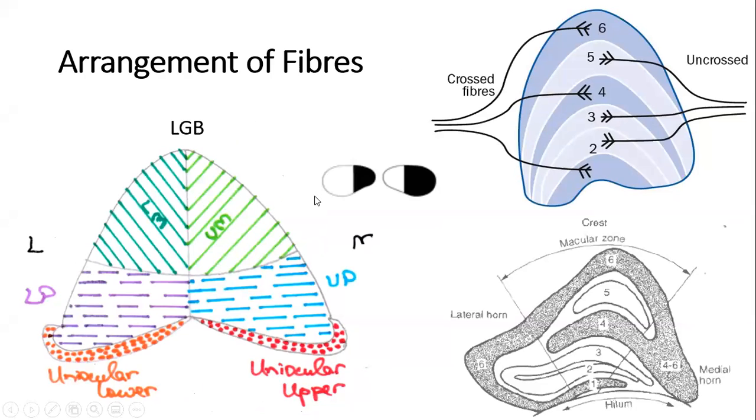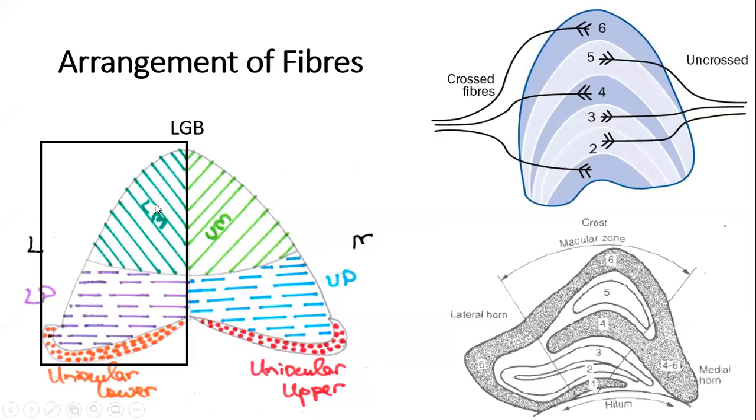So this much is okay. This much is easy. Now consider the lesion which is going to affect only this portion of the lateral geniculate body. This is mainly for understanding purpose. There is no particular lesion which affects only one side. So consider there is a lesion which is affecting this particular side. So what happens? The lower fibers are going to get affected.